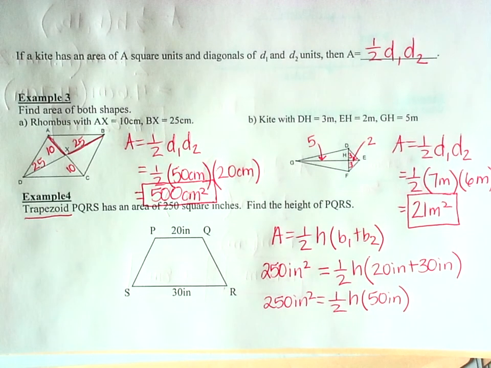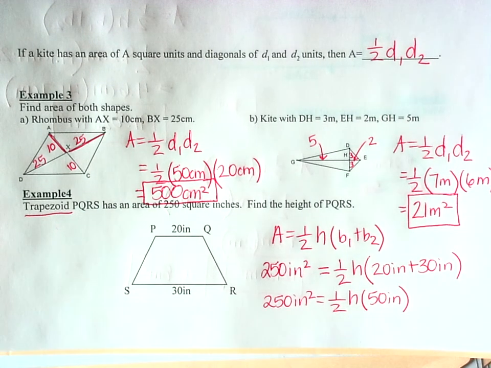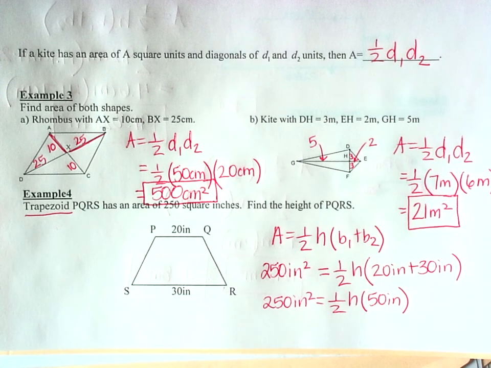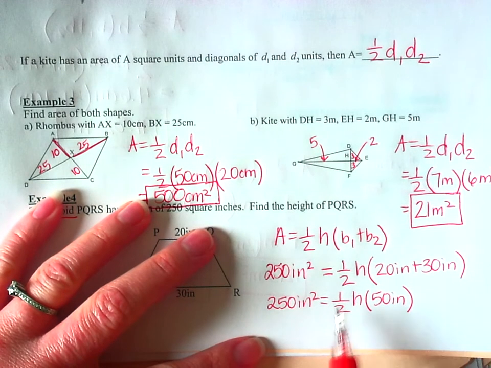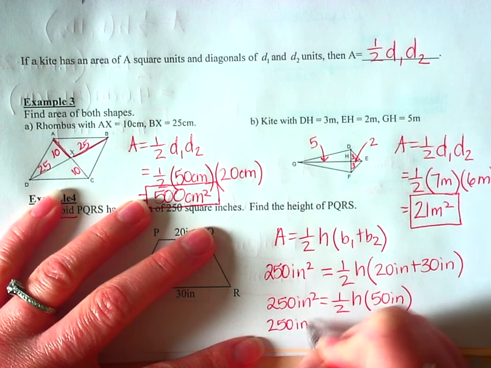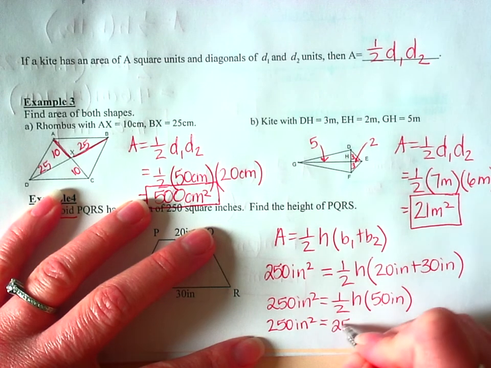Okay, and at this point you have several options. You could multiply both sides by 2 to get rid of the 1/2. Another option is you could divide both sides by 50 to get rid of the 50. And the third option is the one I'm going to do, is I'm going to just combine half of 50. So on the left side, I still have 250 inches squared. And on the right side, I'm just simplifying the right side. So half of 50, that's 25 inches.